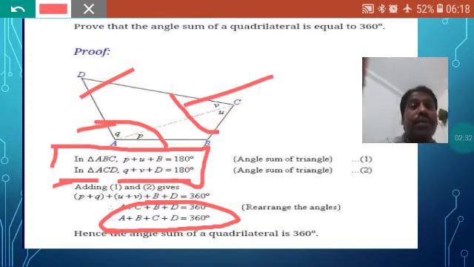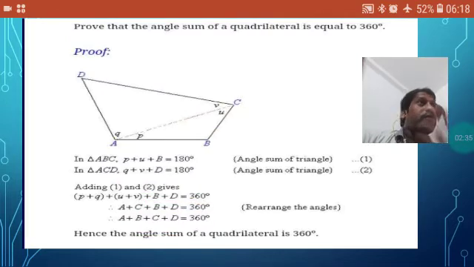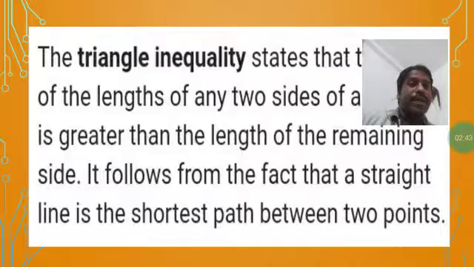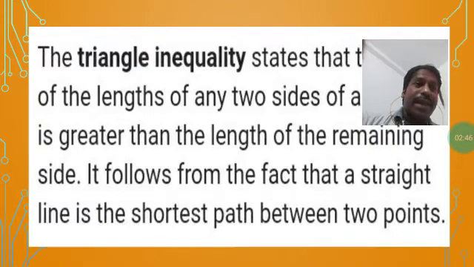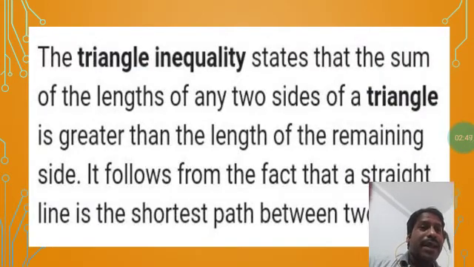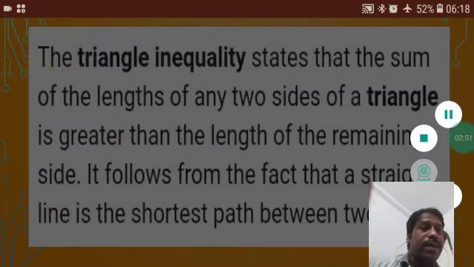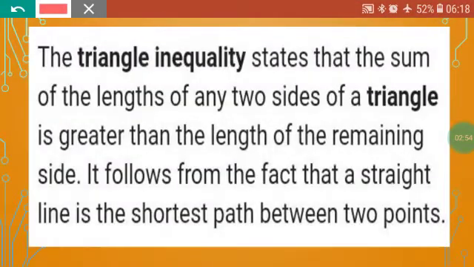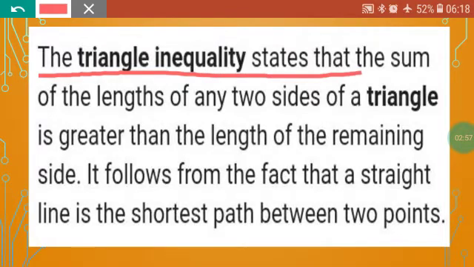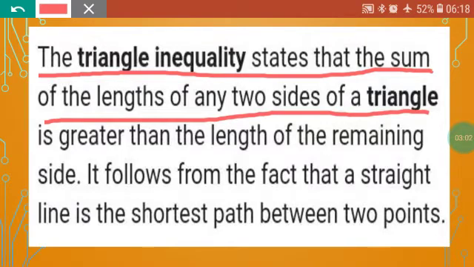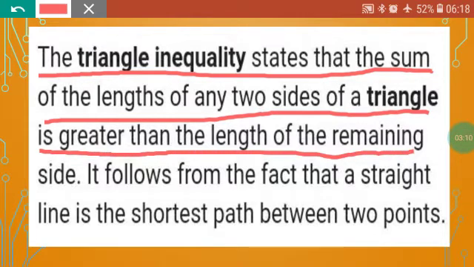But today we are going to discuss one important thing here. It's a combination of congruency, inequalities, and this quadrilateral. This is the triangle inequality, which states that the sum of the lengths of any two sides of a triangle is always greater than the length of the remaining third side.